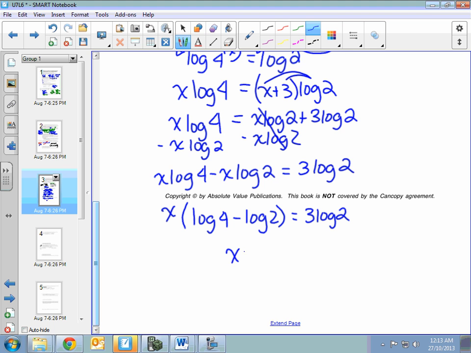So if I divide both sides by log of 4 minus log of 2, I still have 3 log of 2 on the right-hand side, divided by all of log of 4 minus log of 2. So this right here is my exact value.